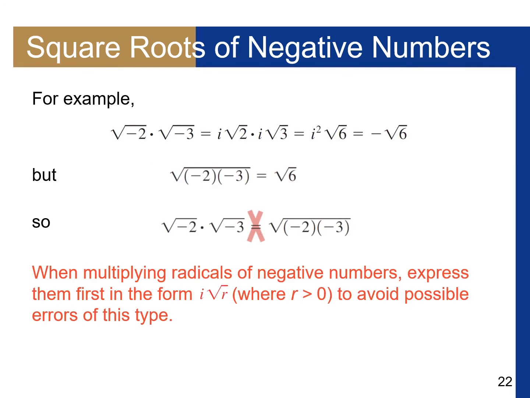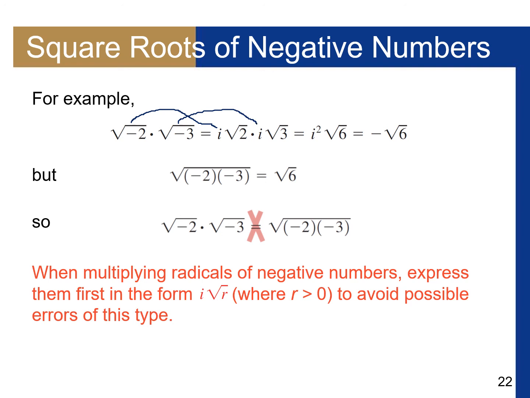So let's take a look at some examples. Here, if I have the square root of negative 2 times the square root of negative 3, the temptation is to multiply this and make it positive, but you have to take your i's out first. So first I have to take out my i here, and I have to take my i here. Why? Because if you don't, then you're ignoring the fact that it was in there to begin with.